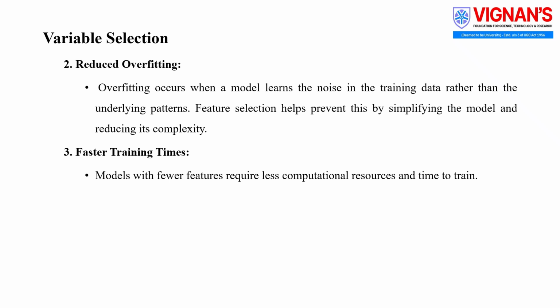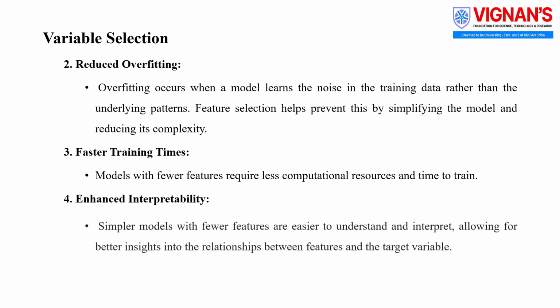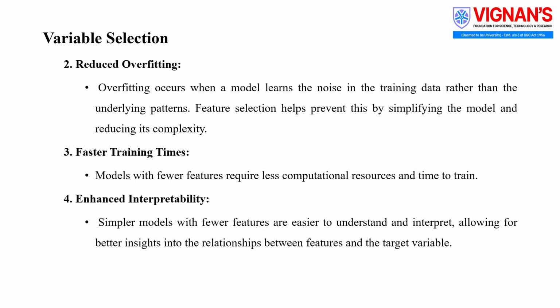This leads to faster training, quicker experimentation, and more efficient use of resources. Point 4. Enhanced interpretability. A model with fewer and more meaningful features is easier to explain. This helps us understand how each feature influences the target variable and improves transparency in decision-making.